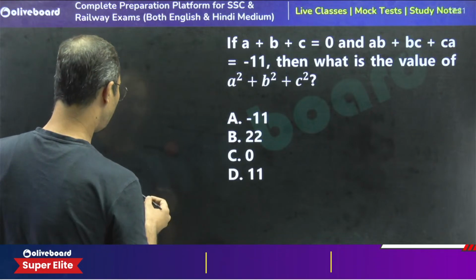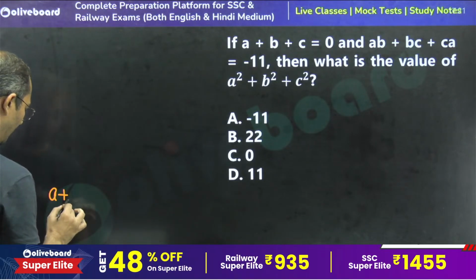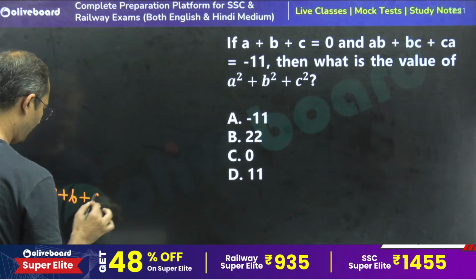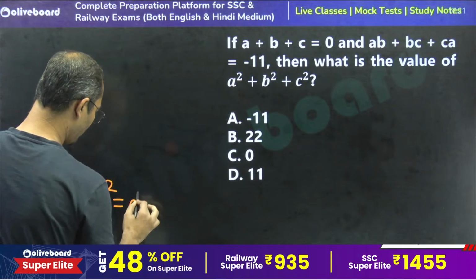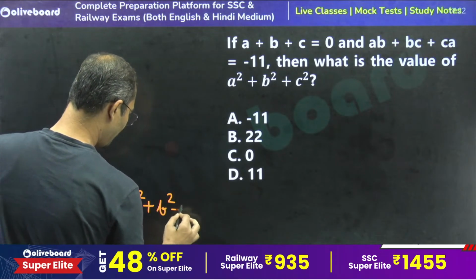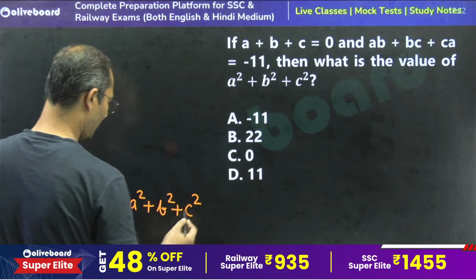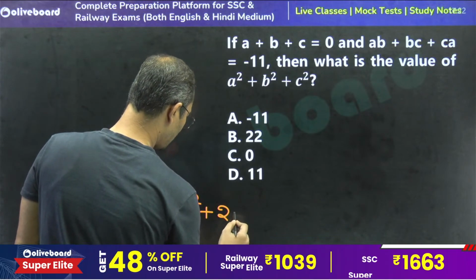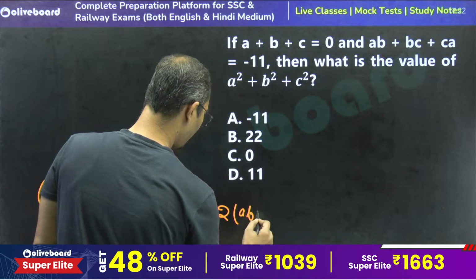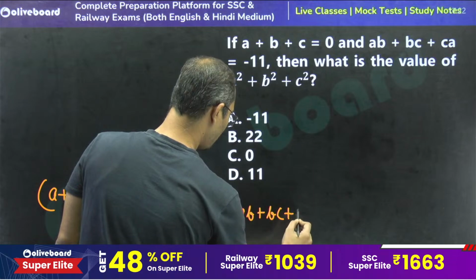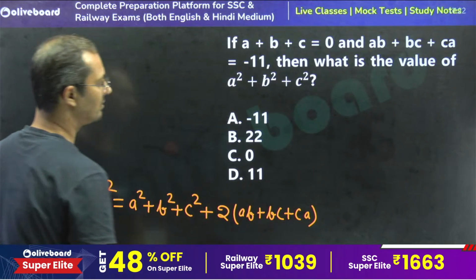See, we know that A plus B plus C whole square is equal to A square plus B square plus C square plus 2 times bracket AB plus BC plus CA, right?